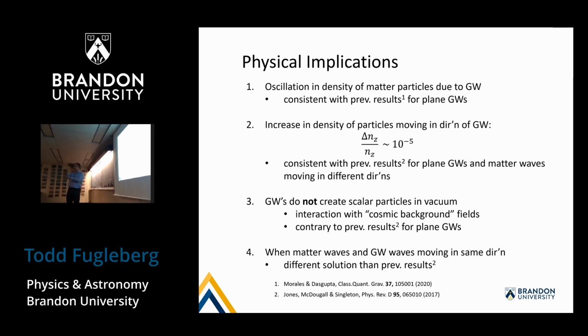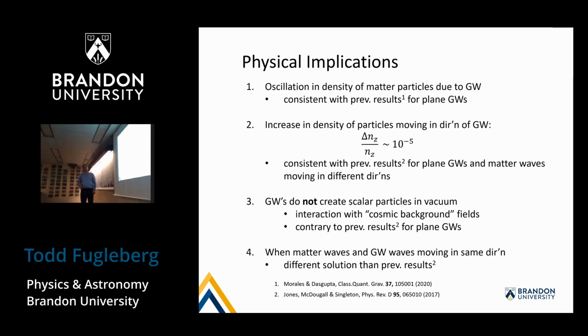So the gravitational wave will cause an oscillation in the number of particles that you just see around you in space. But there's also a cumulative effect. It seems like not only does it cause them to oscillate, it actually causes an increase in the number of particles. So basically, this gravitational wave goes for a really, really long distance, and you see a little bit more particles moving in that direction than you would expect normally.